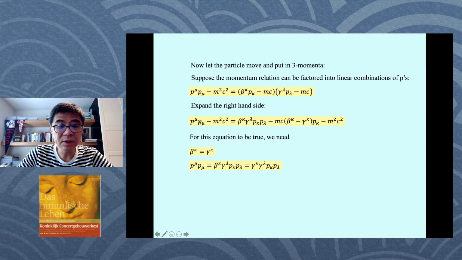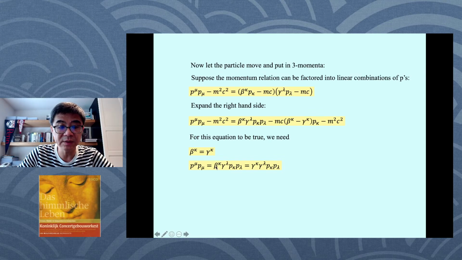And the first term must be equal as well. Therefore, beta kappa gamma lambda must be equal to this. However, in the first equation, I have already known that beta and gamma are the same thing.